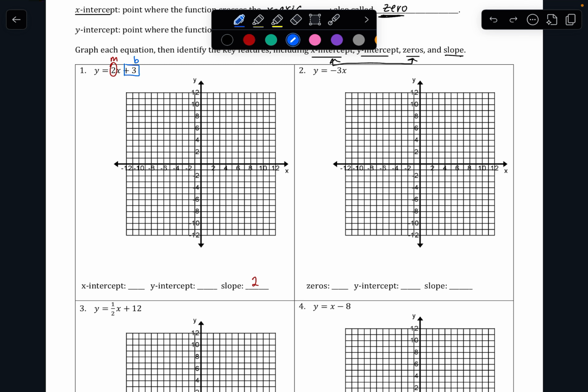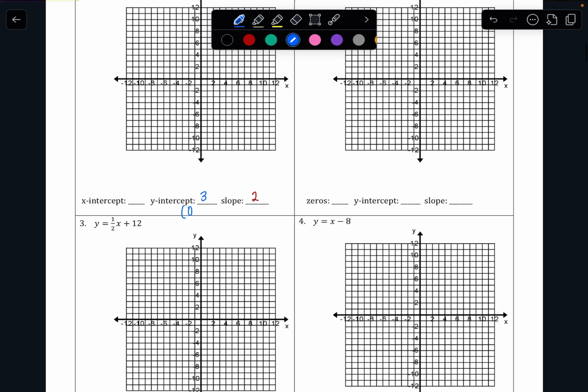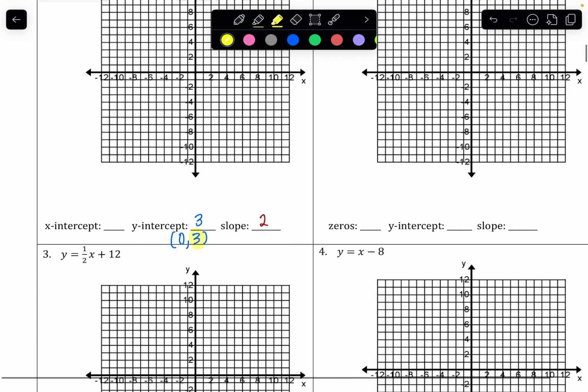Okay, for a y-intercept, sometimes they just write the number, but a better way to write it is as an ordered pair. It's when x is 0, and so for a y-intercept, you know it is always going to be in the y position. Okay, and then similarly, the x-intercept is always going to be in the x position.